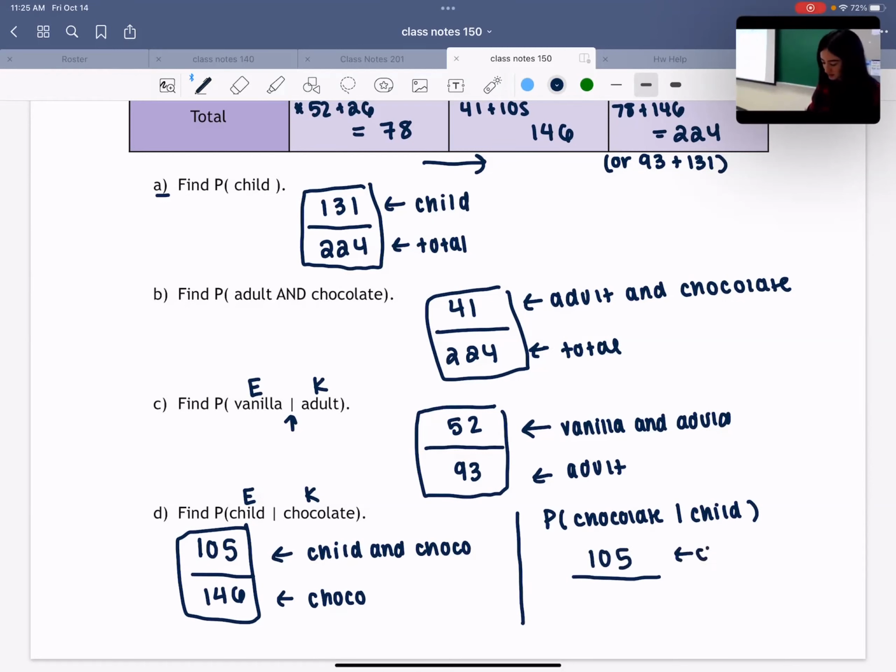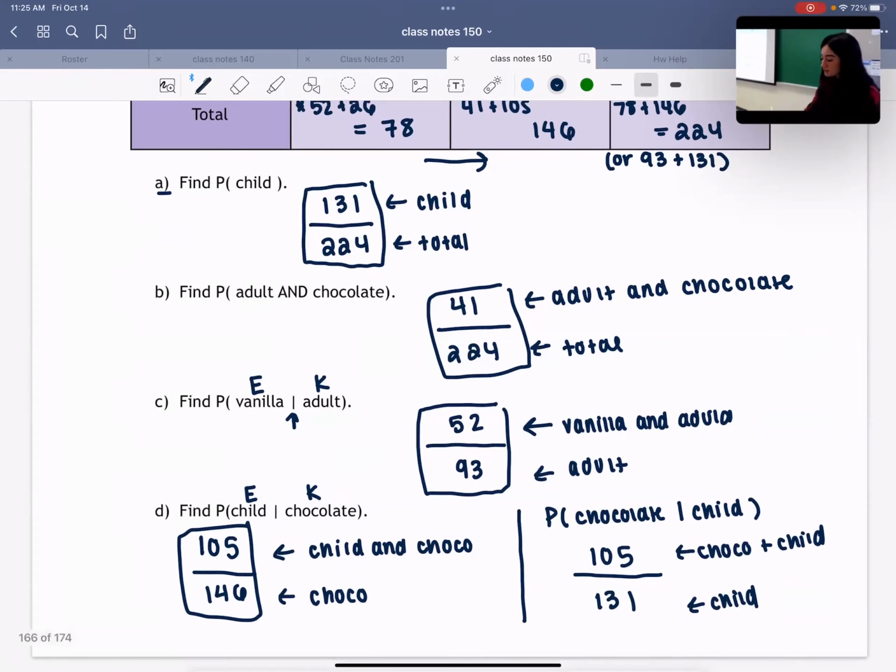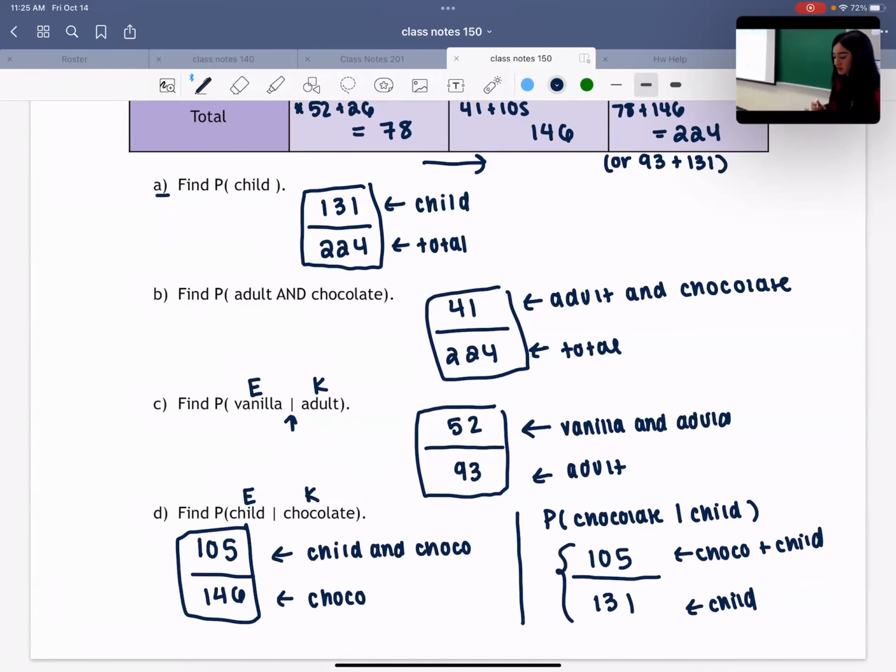So that's chocolate and child. And on the bottom, we are going to have not chocolate, but child, right? And how many children are there? 131, good. So if we switch around the placement of E and K, the probability actually does change. So it does matter that you put the second one on the bottom and both of them on top.